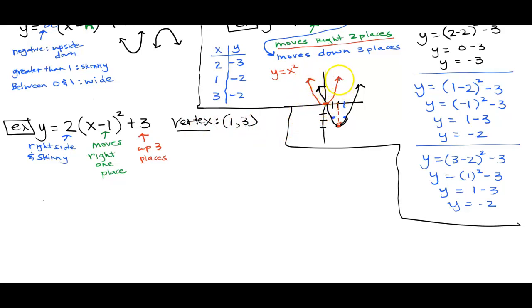This one I have in red is the standard form where it's not moving at all. But this one's saying, from here I'm going to go right 2 places and then down 3 places. That gives me my new vertex right there at 2, -3. So these things that I have written there, right 2 places, down 3, tell us where that new vertex is.